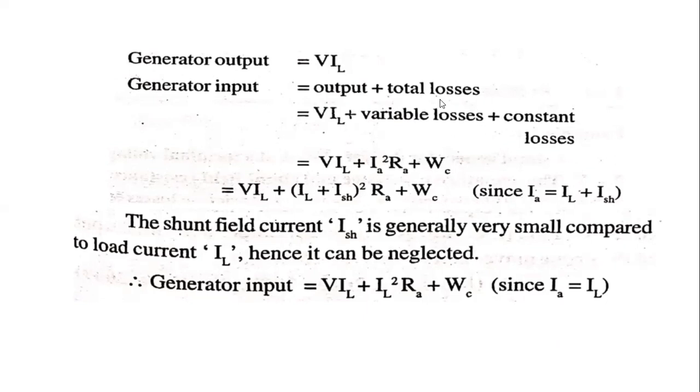What is the formula for the armature copper losses? Armature copper losses is IA square into RA.